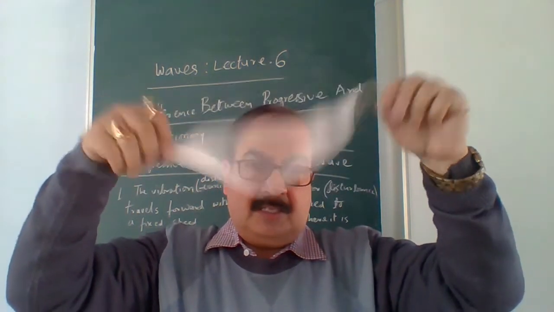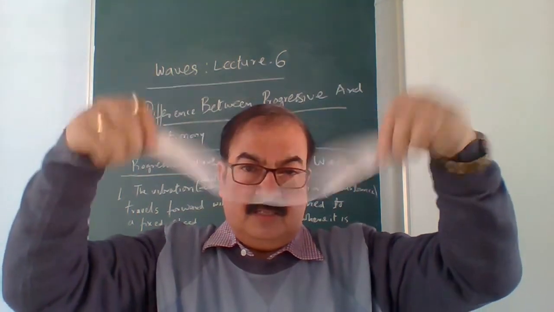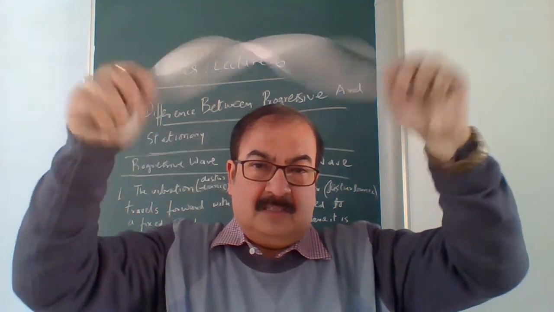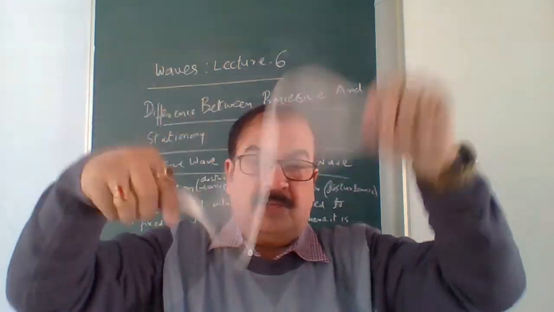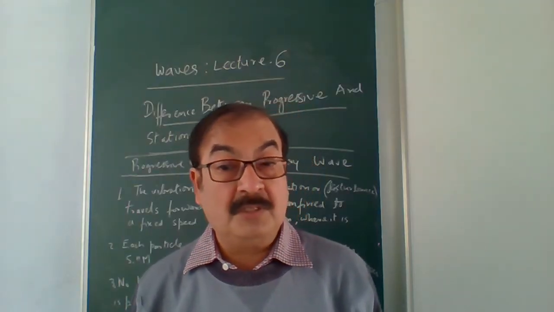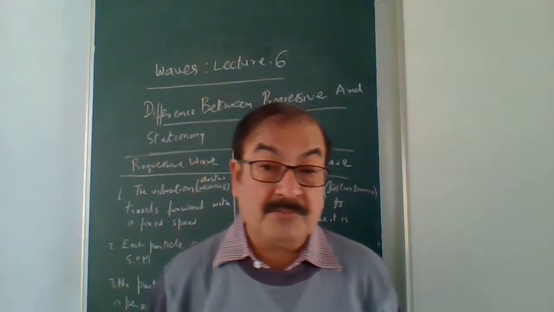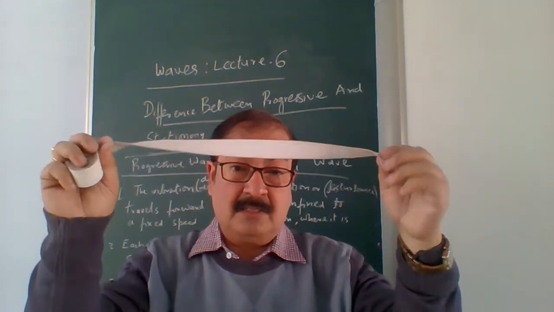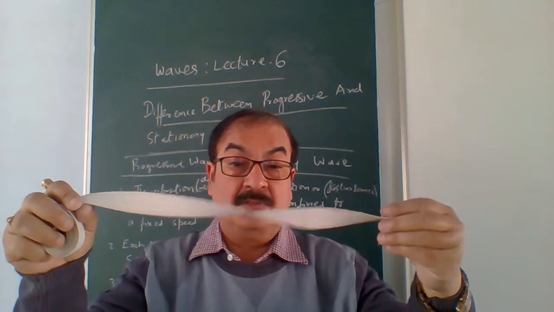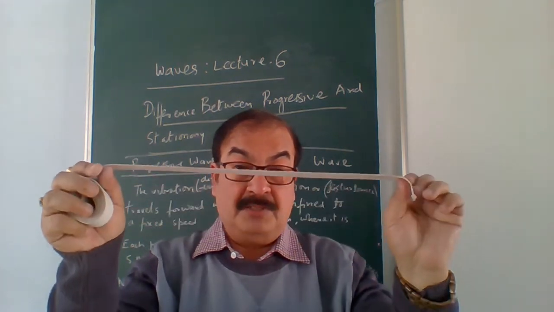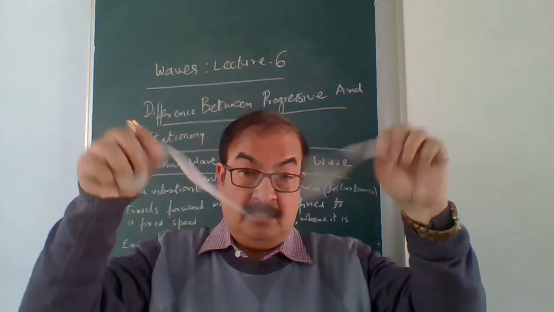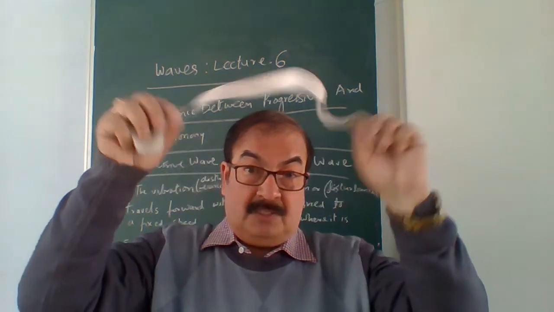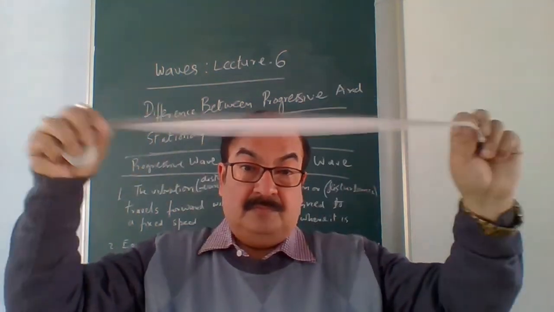Then at some points we have nodes and somewhere we get antinodes. Both are there. At some points we have nodes, which are definitely the rigid ends, and the points of maximum amplitude are the antinodes.